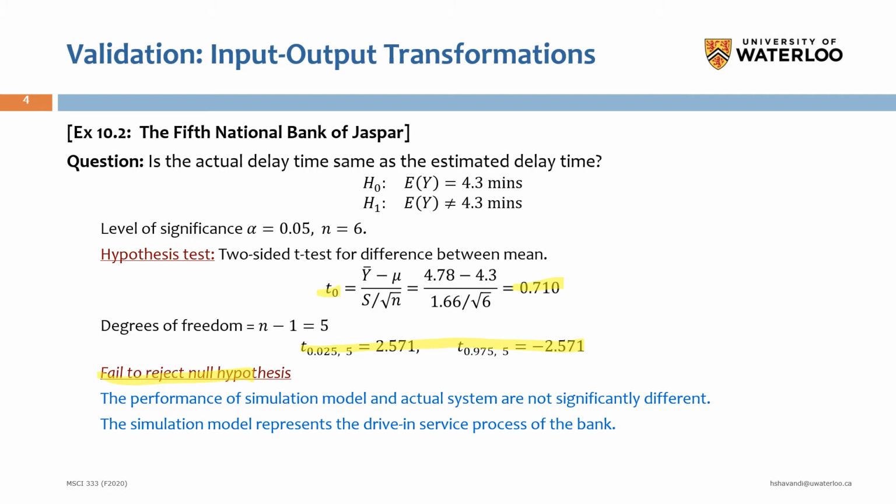After that, again, we run the simulation model, obtain the sample data, and run the hypothesis test until we obtain a modified version of the simulation model which will be validated.